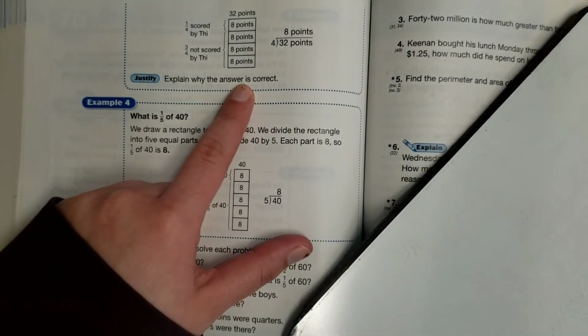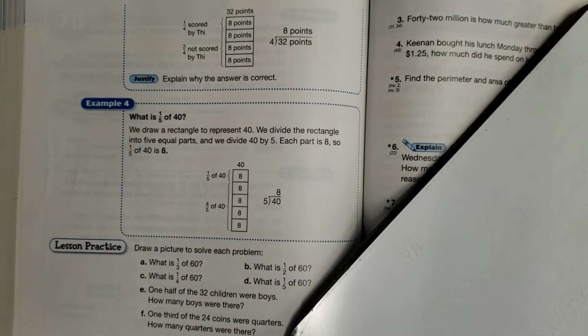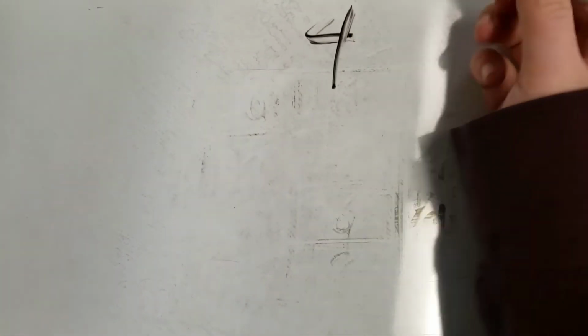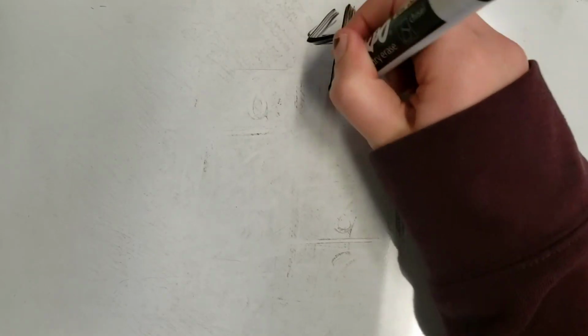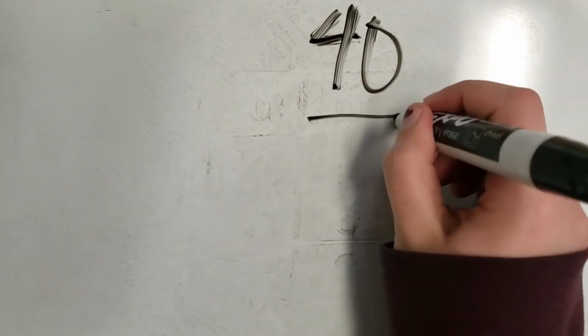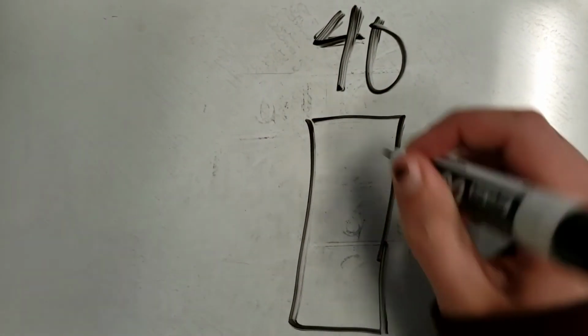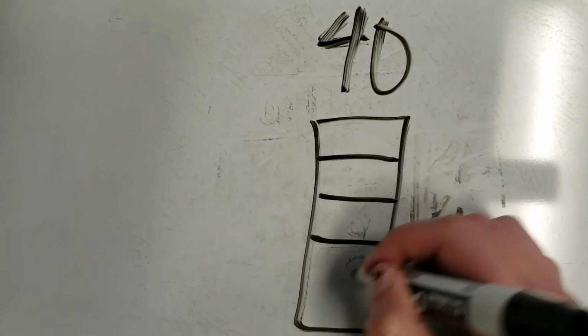And we turn our page. We go up here, and this just shows us what I just did with you guys. All right, this just asks, what is 1/5 of 40? So 1/5, so we have 40, and we got our rectangle here. 1, 2, 3, 4.